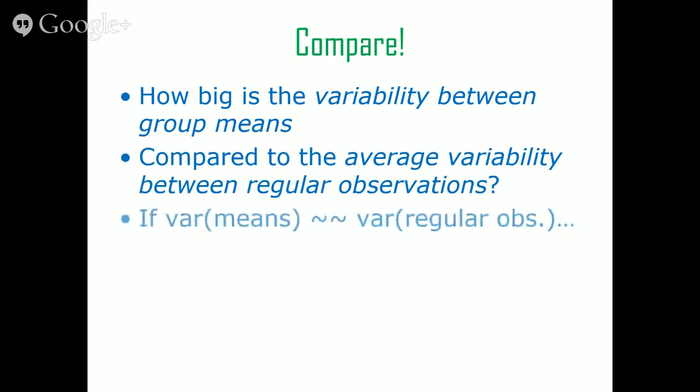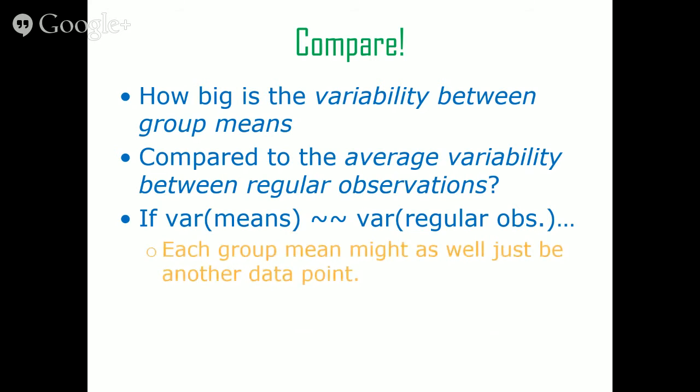Now, if the variance of the means is about the same, that's what those two squiggly tildes mean in my little shorthand here, if the variability of the means from each other is about the same as the variance of the regular observations from each other, then each group mean might as well just be another data point.